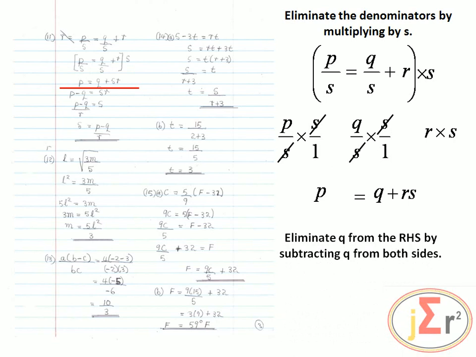Eliminate Q from the right hand side by subtracting Q from both sides. We intend to make S the subject of the formula, therefore we need to eliminate this Q. This Q is the one that is least related to the proposed subject, and we eliminate that Q first.